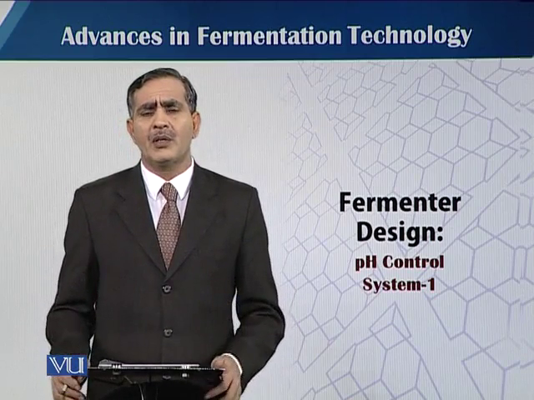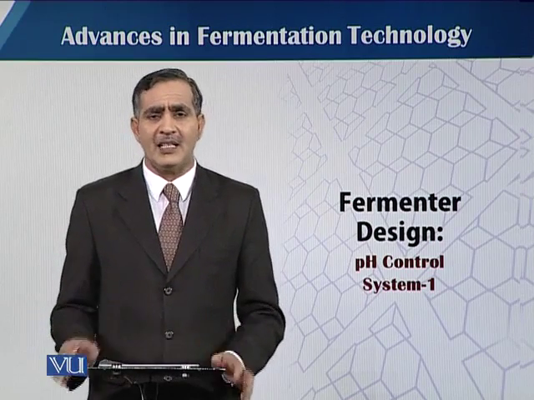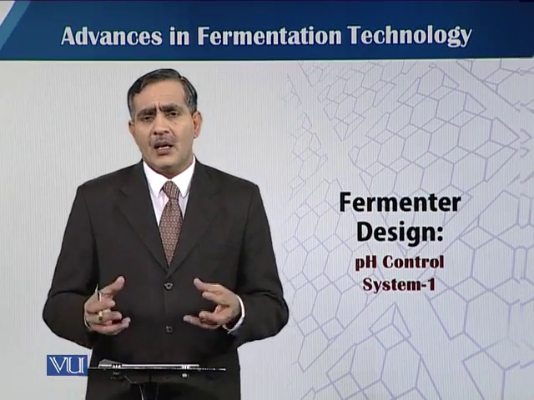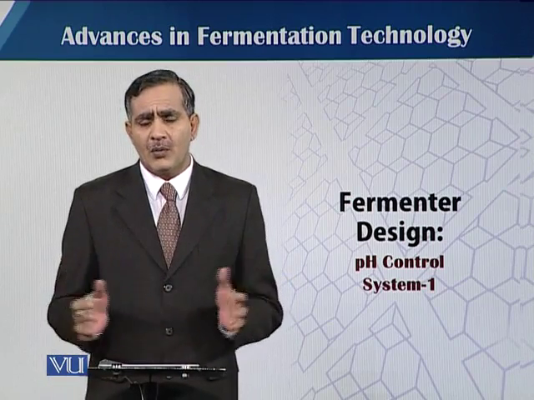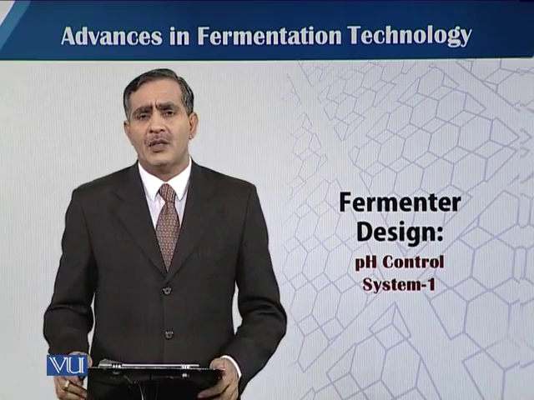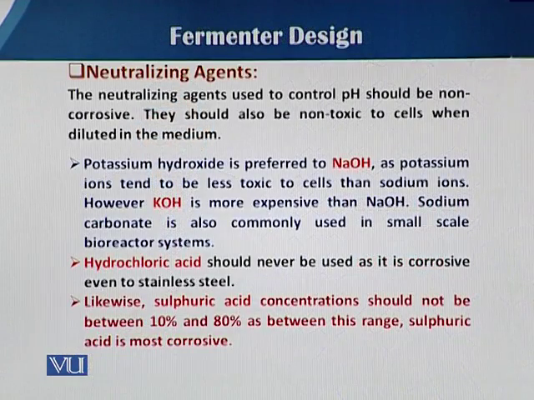Normally, when we want to control the pH, we have to use either an alkali agent or an acid agent. So, this alkali and acid is how the total system should be controlled. So, pH is very critical. Now, what are the agents which can be utilized as a neutralizing agent?